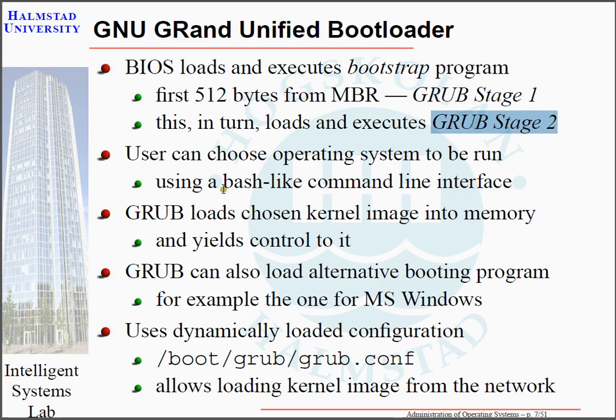And GRUB allows you to choose which operating system you want to run using a bash-like command line interface. So it's not as powerful as bash, it doesn't run actual bash, but it's very similar for simple things. But contrary to LILO, it actually allows you to modify the settings, for example, to dynamically decide parameters you want to pass to the kernel and so on.